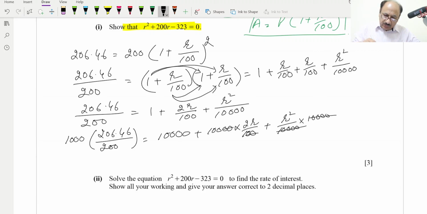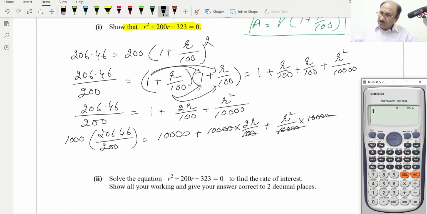Two zeros will cancel with this, and this portion we can solve with the calculator.